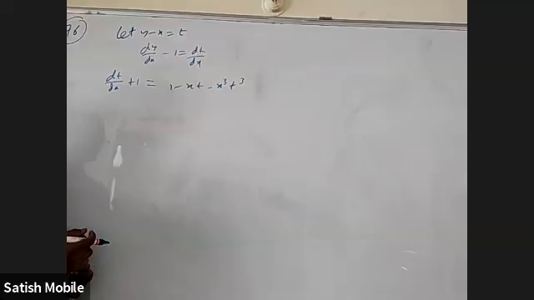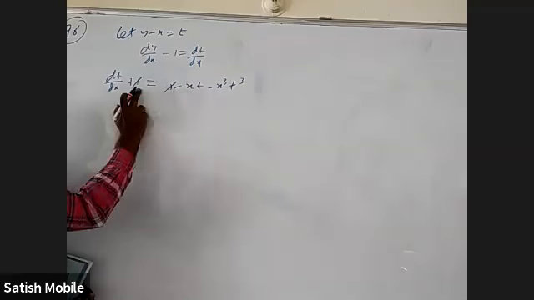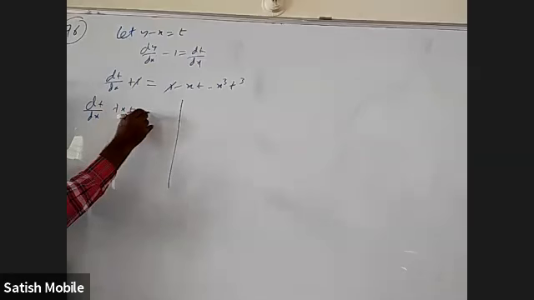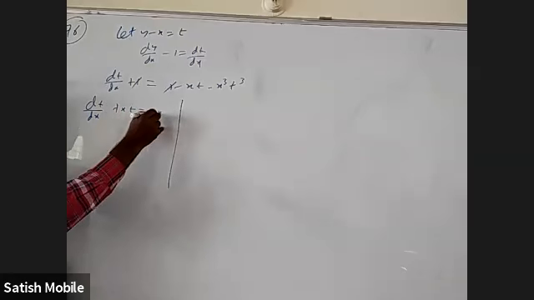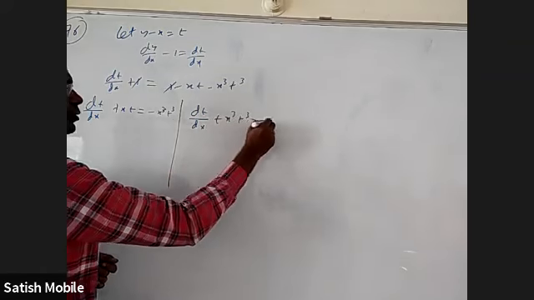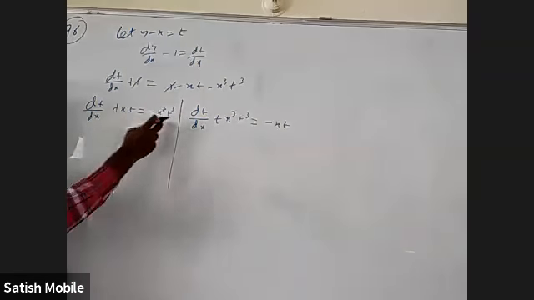Now it is Bernoulli's one. Now we have to see, whenever the 1 will cancel, which side I should bring it to. I have two options: dt by dx plus xt is equal to minus x cube t cube, or dt by dx plus x cube t cube equal to minus xt. If it is this, I don't want any t here, like earlier I didn't want any y here.